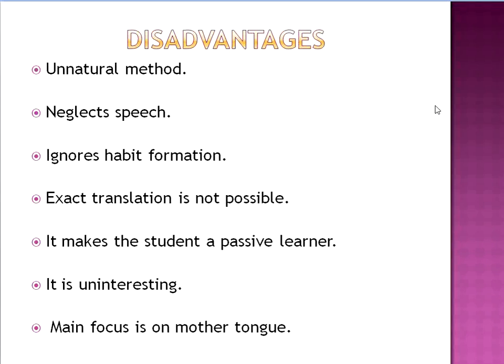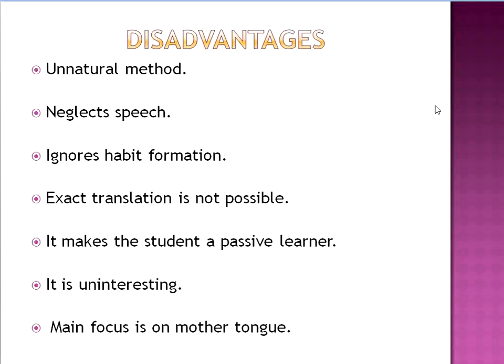So in a sense we can say it loses what? The original taste of the target language. So from that particular point of view, we can say exact translation is not possible, and it is one of the disadvantages of what? Grammar translation method. Okay, now there is the next one.